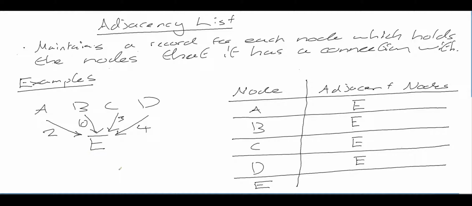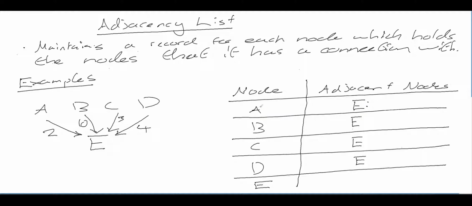Okay, so now I've added some weights to my graph, and all we're doing, again, with a weighted graph in an adjacency list, is storing as a key value pair the node that the node on the left-hand side of the list is adjacent to.